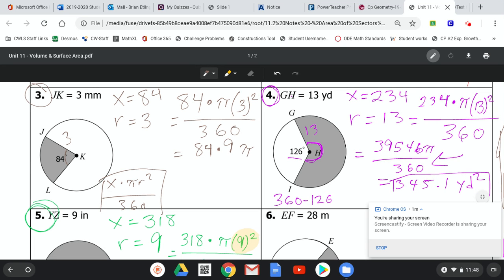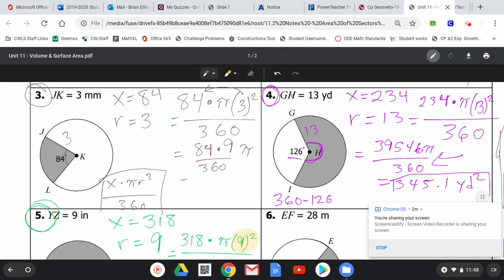All I'm doing is moving this because I can multiply in any order that I want. So divide that by 360. And I get the 9 because 9 is just from 3 squared. So make sure you're squaring that. It's not 3 times 2, it's 3 times 3. We're multiplying 3 two times. So when we do this, 84 times 9 will give us 756.